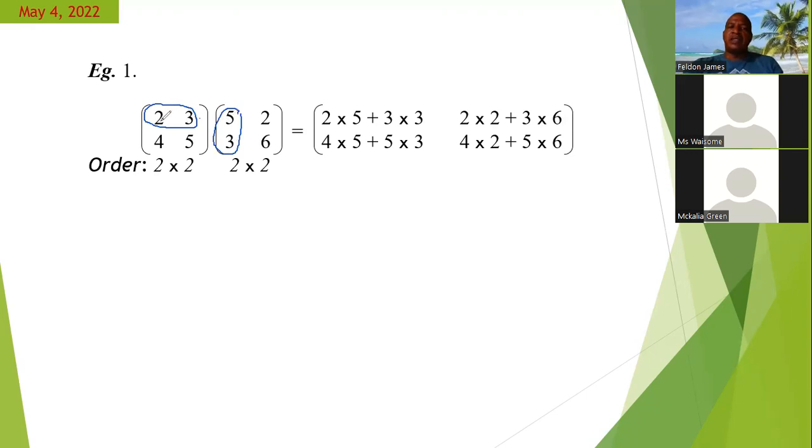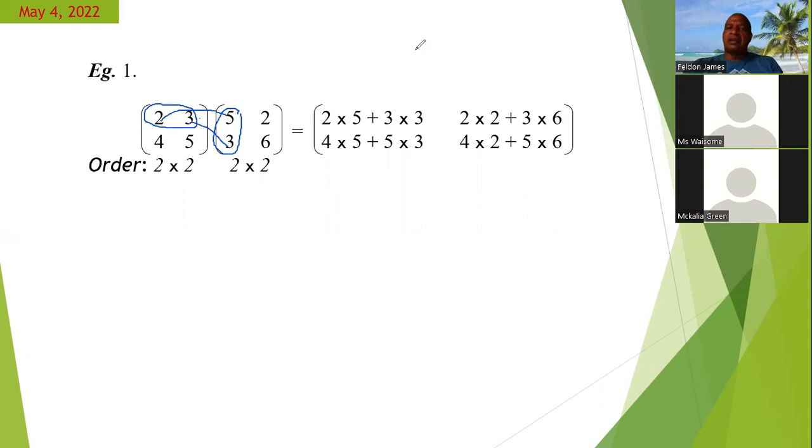So in other words, we use the 2 times the 5, then we use the 3 times the 3. So we multiply 2 times 5, then we add that to 3 times 3. All right, so that's the general procedure.